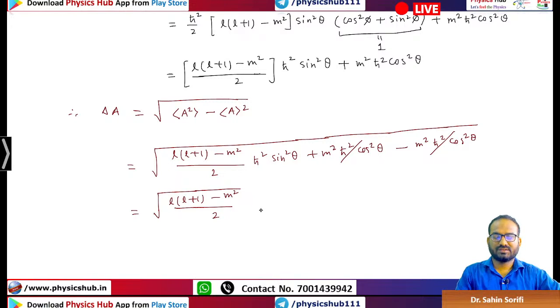Let's take this h cut square sin square theta out of the root. So it becomes h cut sin theta. Okay. Now just remember one thing here: the value of m lies between minus L to plus L. Clear? So look at the options.